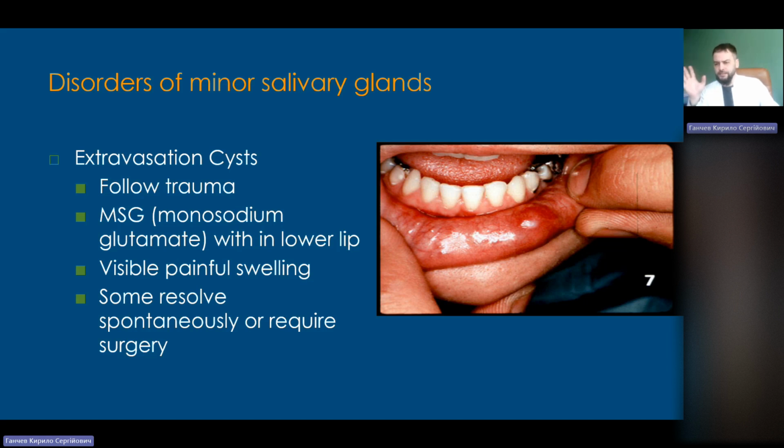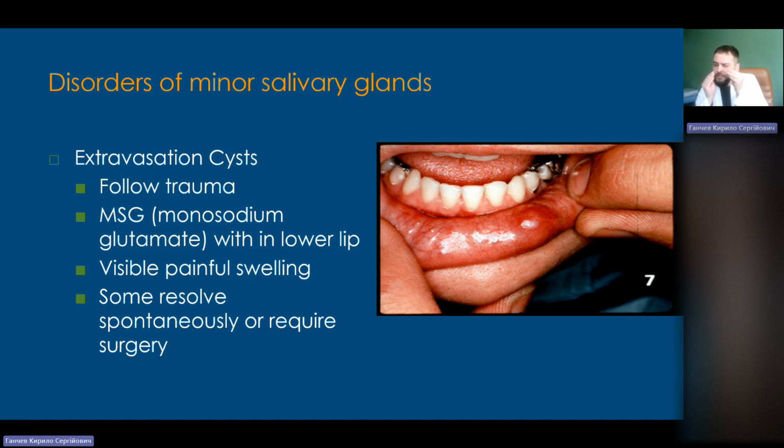Mostly it's the lips. When the patient traumatizes a minor salivary gland, it could provoke inflammation, because you traumatize the small duct of that salivary gland.